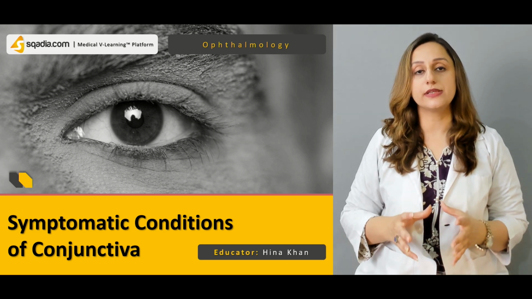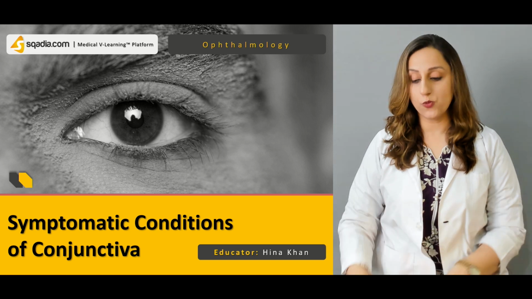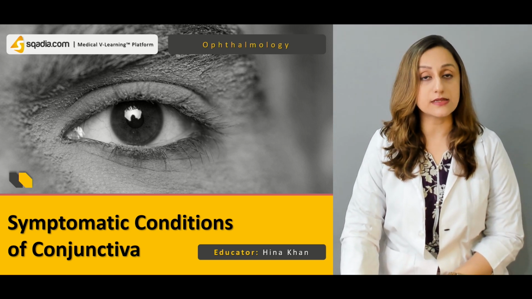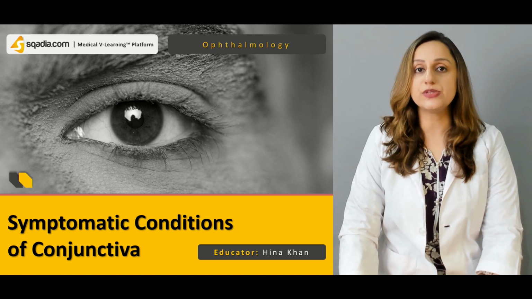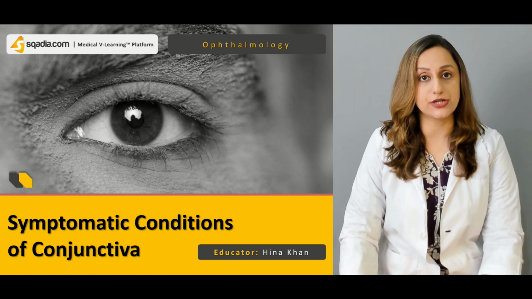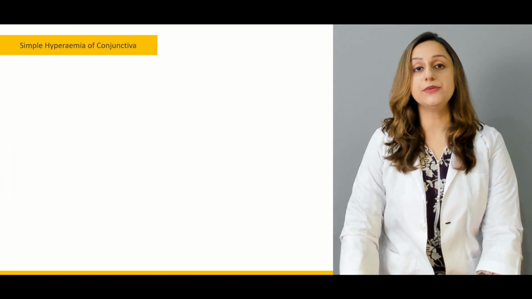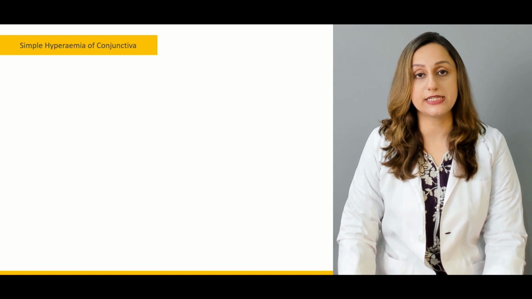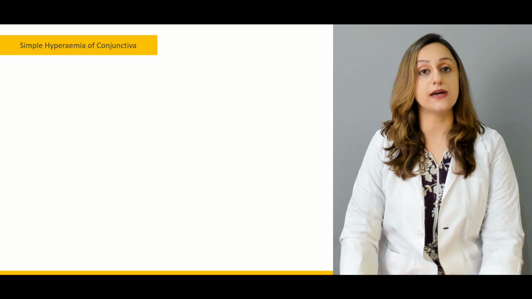All of these are the normal symptomatologies of the conjunctiva, and one should know how to relate to them and how to get to the final diagnosis in a particular individual. The most common presentation is the hyperemia of the conjunctiva.